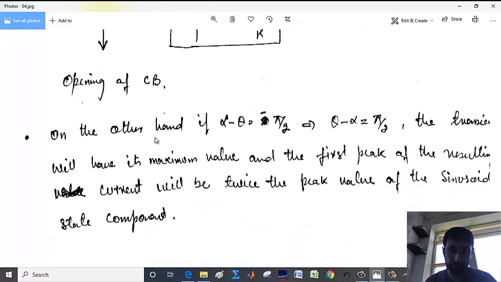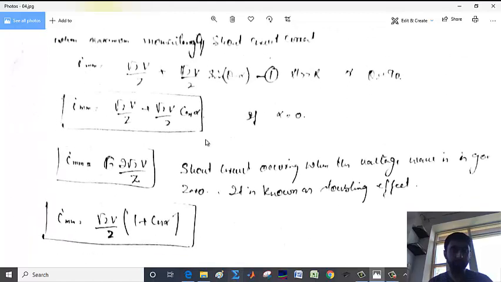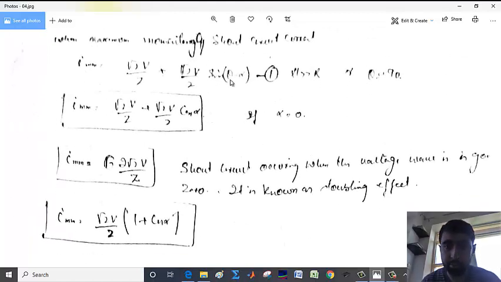Now, one more observation. On the other hand, if alpha minus theta is equal to minus pi by 2, or theta minus alpha is equal to pi by 2, the transient will have its maximum value, and the first peak of the resulting current will be twice the peak of the sinusoidal steady component. That means if theta minus alpha is equal to pi by 2, this will have a maximum value, almost 2 times of this.